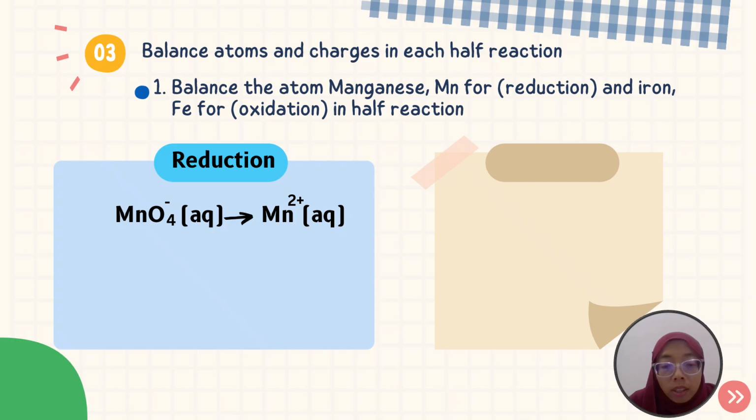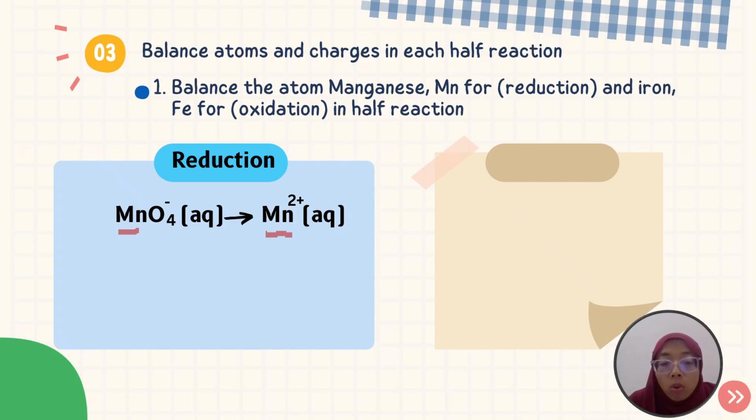So we look at the manganese atom on the left side. Okay, so the left side has one atom of manganese only. Then the right side also has one atom of manganese.